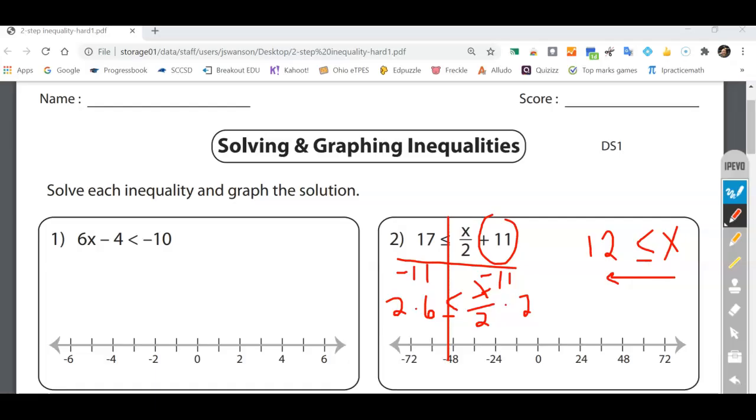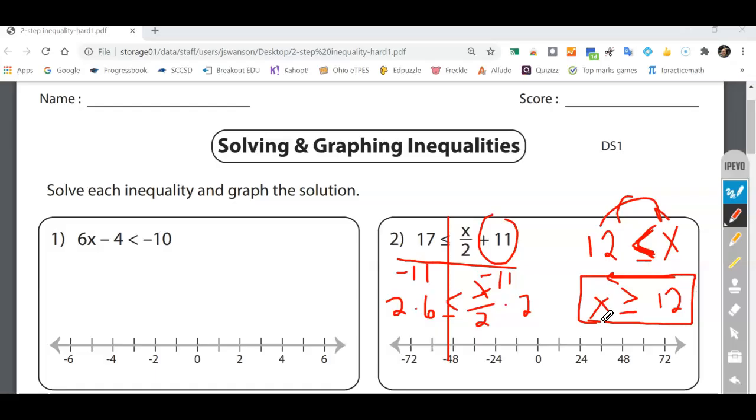That gets confusing as well. So what I always tell people is just to flip it all around. So if I move the x to the right and the 12 to the right, I still got to have my inequality symbol opening towards the x. So I flip that as well. Now that my variable is first, it makes it so much easier. X is greater than or equals to 12.